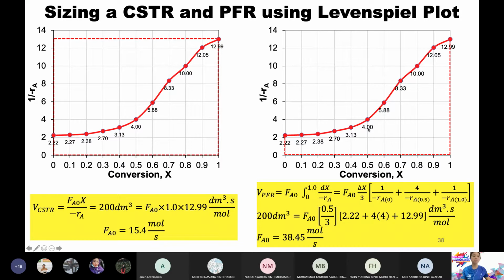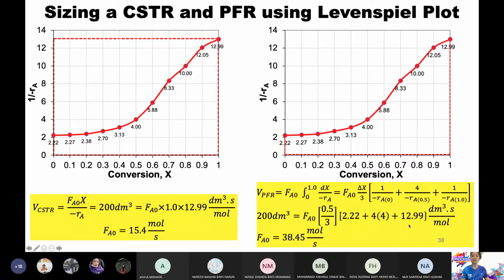So don't forget, 4 times 4. Students usually forget to multiply by 4, because they forget there is a 4 in the equation. Plus 1 per minus RA when my X is 1. From the plot, 1 per minus RA is 12.99.